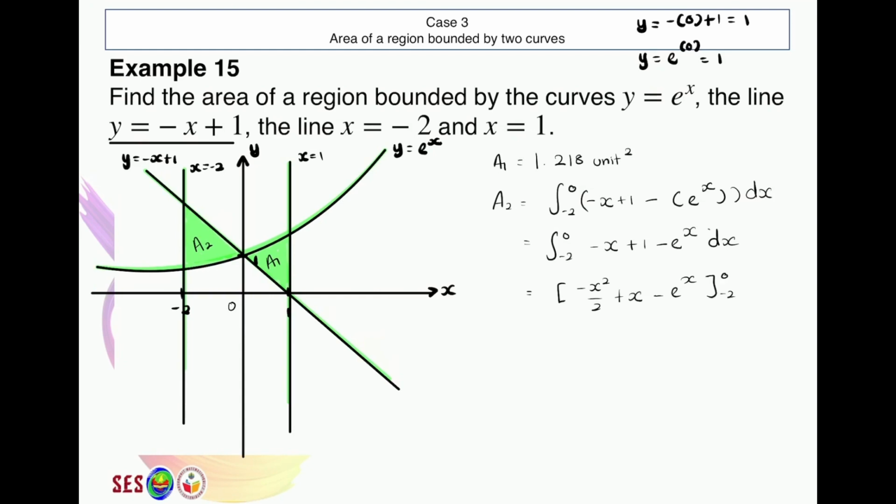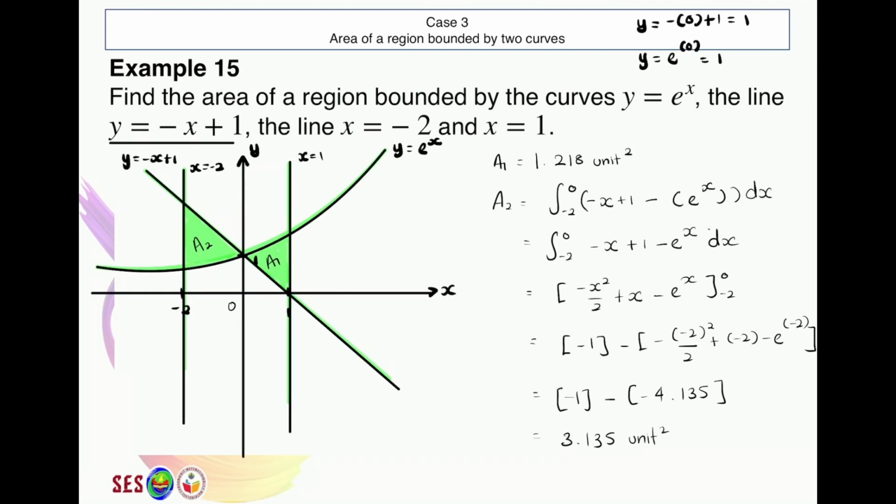This will be from -2 up till 0. And this gives you 3.135 units squared.